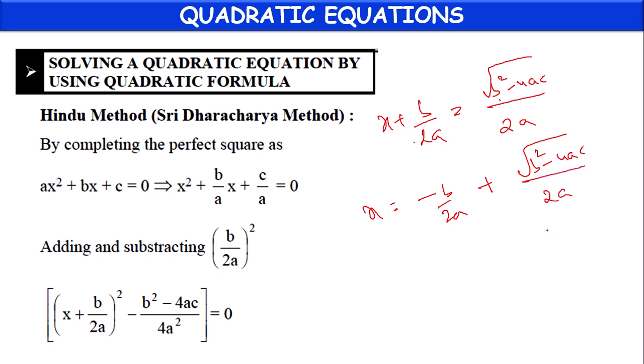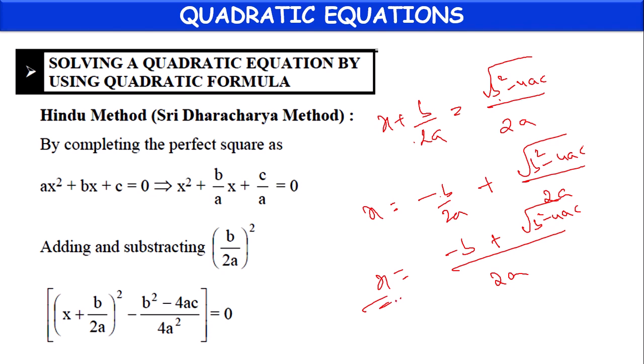Or x equal to, 2a we can take common, minus b plus root of b square minus 4ac by 2a. Like this we will get the x value.